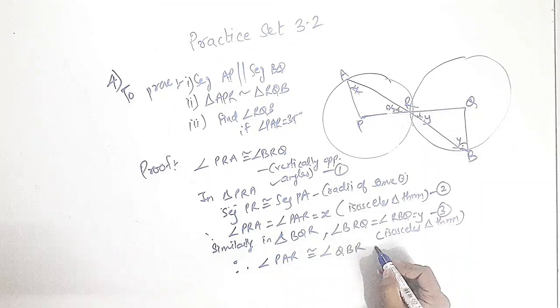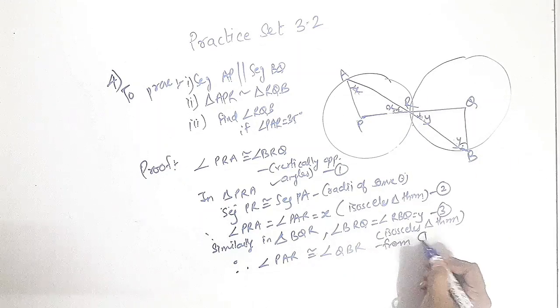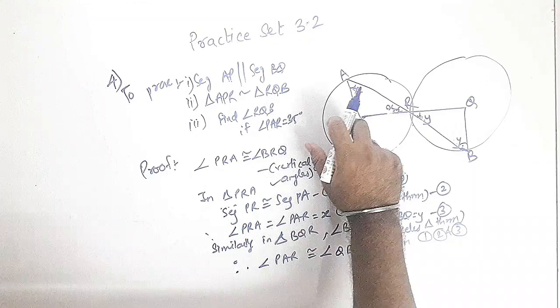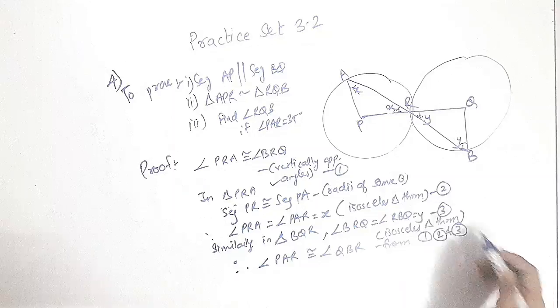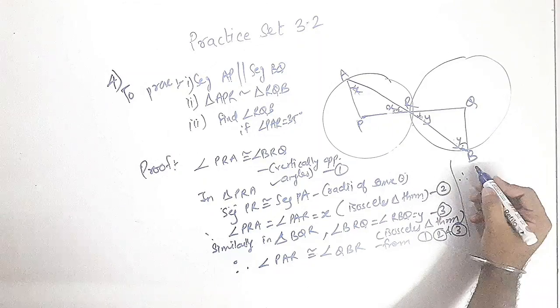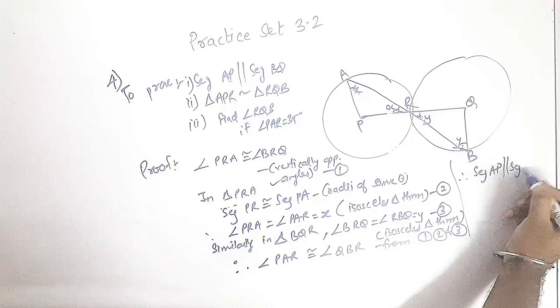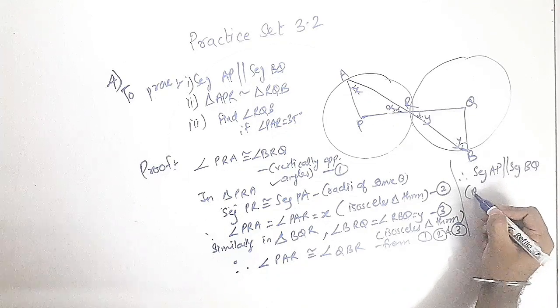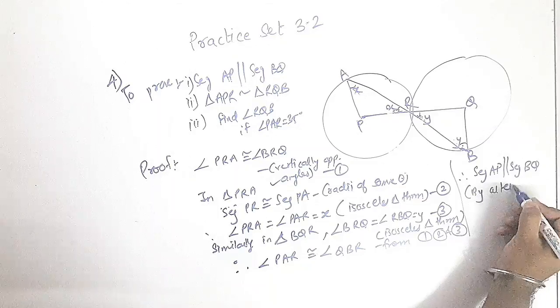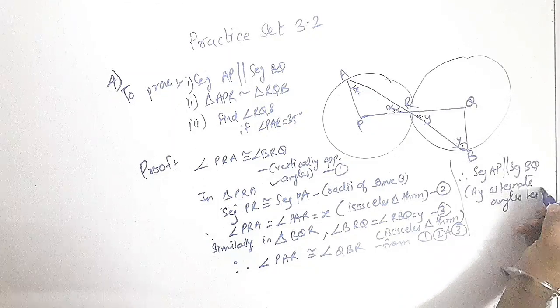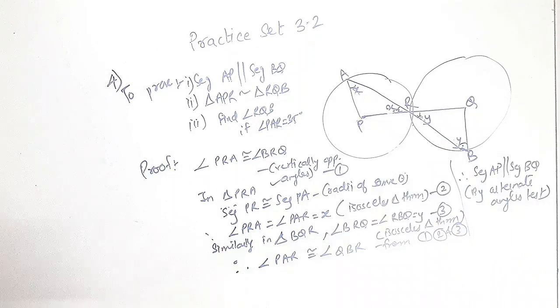Now you can see the alternate angles have become congruent. I can write therefore seg AP is parallel to seg BQ by alternate angles test.